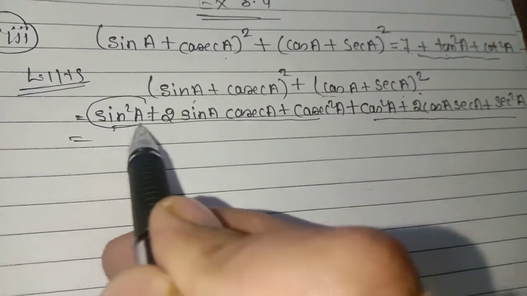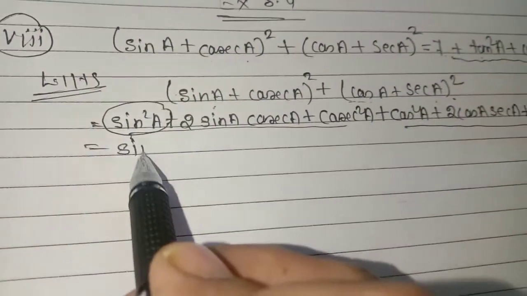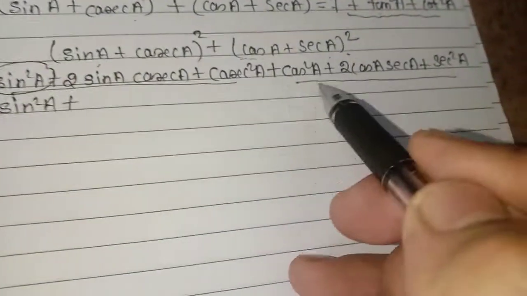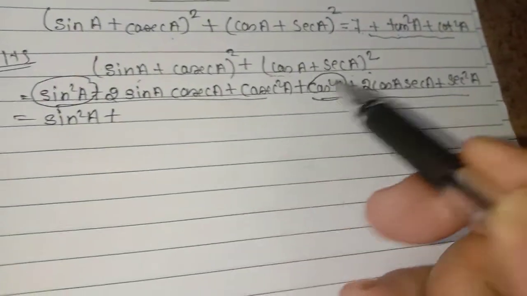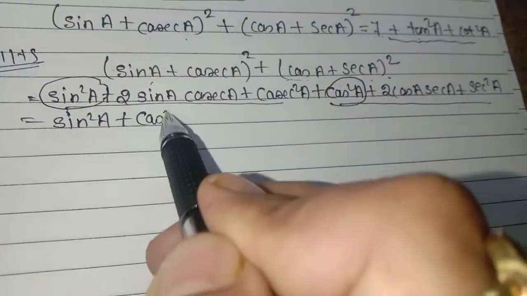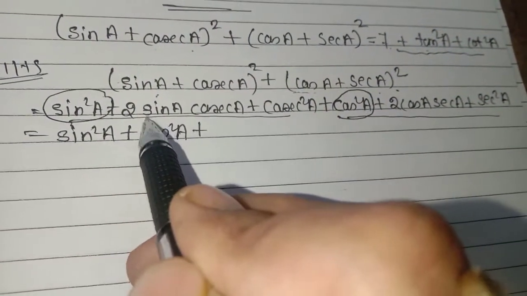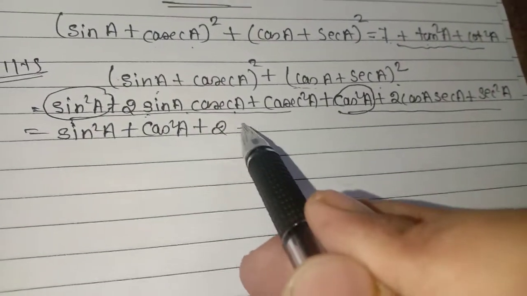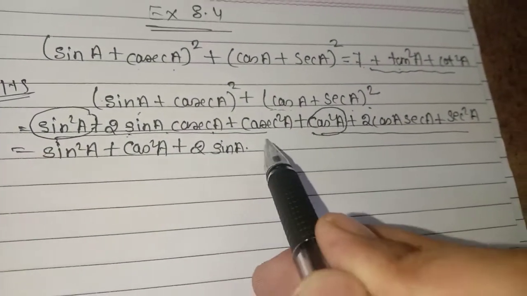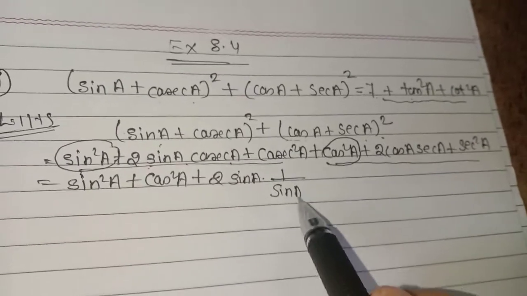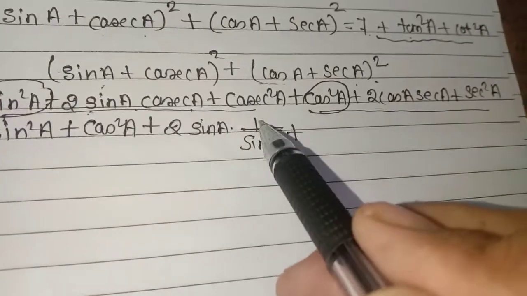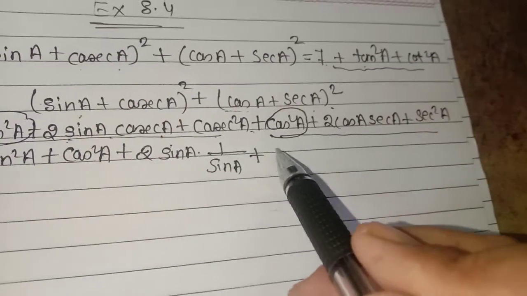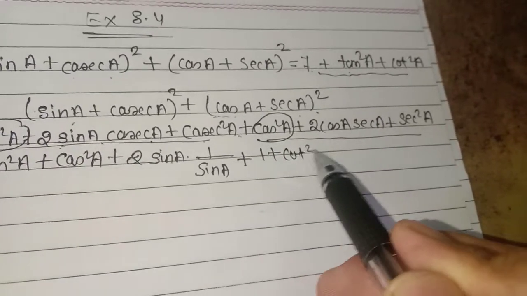Sin square A, I will write here sin square A plus, I will take cos square A, plus what is the value of 2 sin A cosec A? 2 sin A cosec A can be written as 2, since cosec A is 1 upon sin A, plus cosec square A is what? 1 plus cot square A, that is the identity.